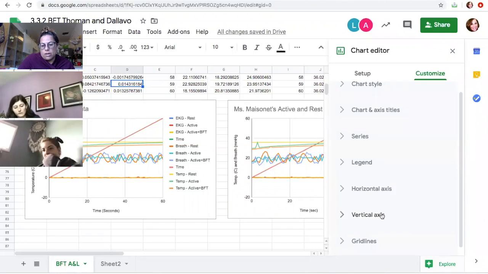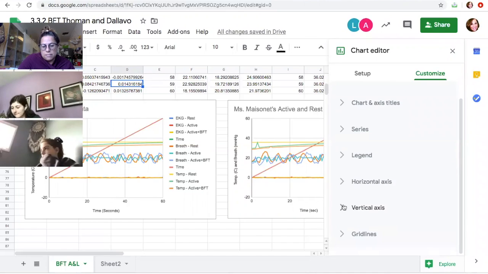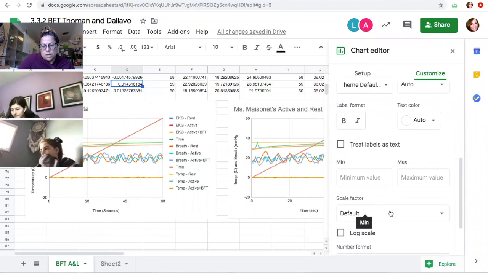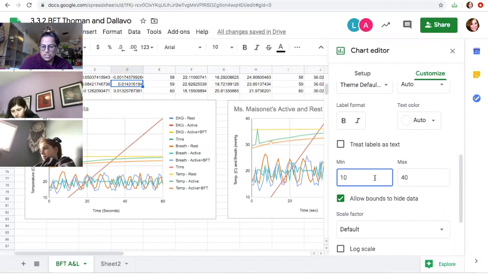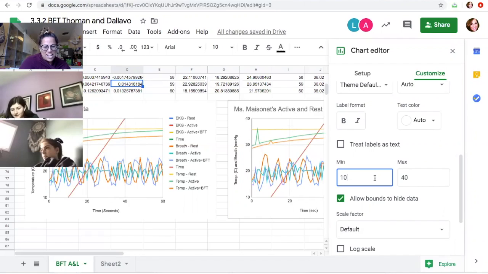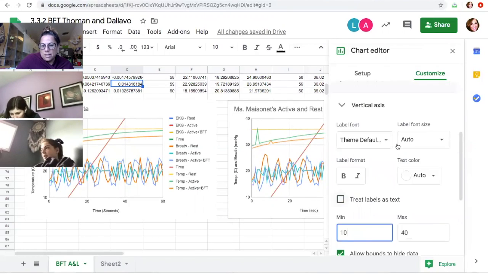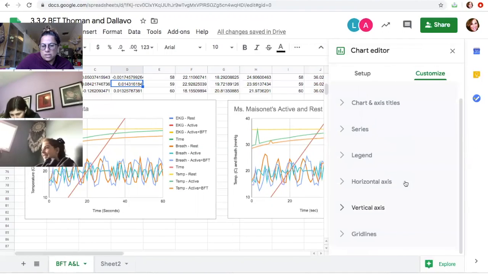Now you're going to click on vertical axes, and you're going to change the minimum to 10 and the maximum to 40. Look at your charts just changing right in front of you. Beautiful. Okay. Close the vertical axis for a second, because now we need to get a right y-axis.